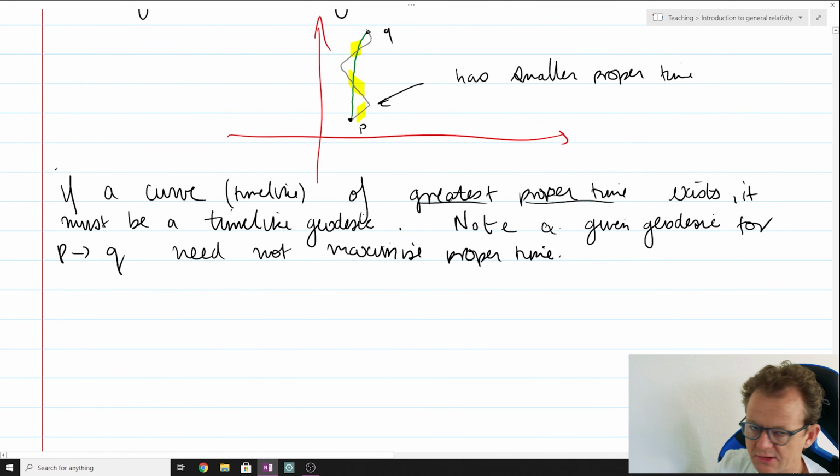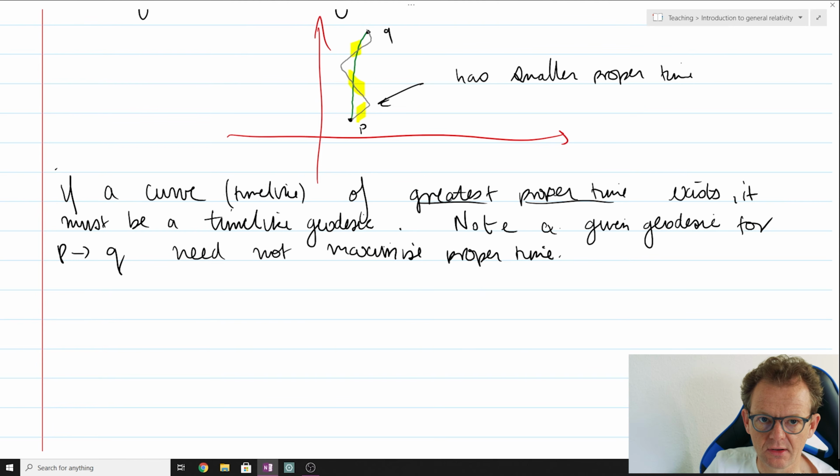Okay, that's just some warnings about variation of calculus and maximizing and minimizing things. Be careful about thinking that extremal points are minima or maxima. Or quite often they're just local minima or local maxima.